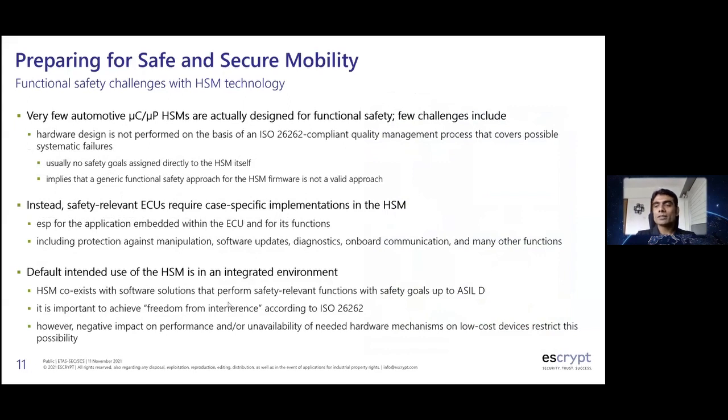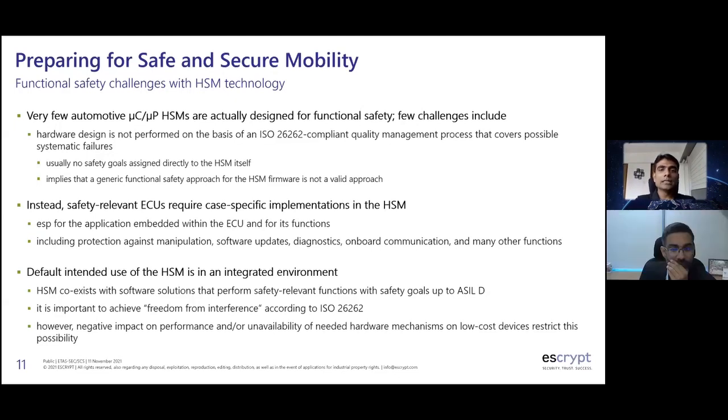A good example is Lalita, who in her presentation mentioned, and there was a poll question I saw, that the hardware of the MCUs is ISO 26262 compliant since the development itself. So when we look at the HSM itself, there is no safety goal directly associated. Second, generic approaches of HSM firmware having some functional safety implemented will not help. Instead, a safety relevant case-specific implementation of functional safety in HSMs would be needed.